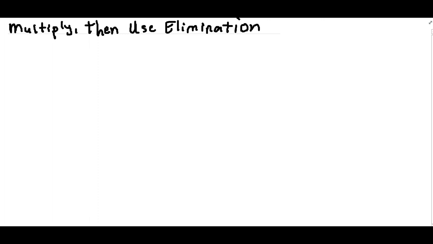Alright, so when we multiply an equation by a non-zero number, the new equation has the same set of solutions. So what does this mean? Let's look at a couple of equations. So we have our system of equations: 3x minus 7y equals negative 14.